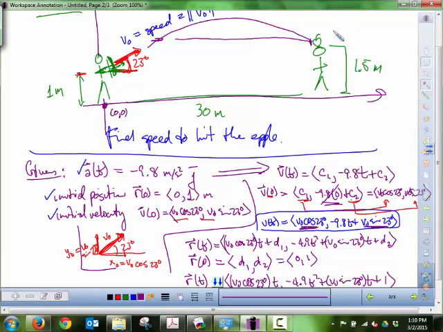But you basically want to know when this is going to be 30 meters in the x direction and 1.5 meters in the y direction. So you want to know when the position is going to be equal to 30 and 1.5.